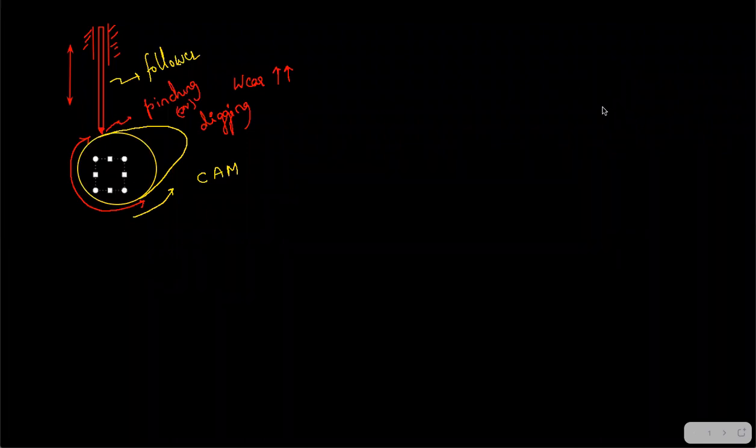From the center, this point is at equidistance, this is also at equidistance, and this is also at equidistance. So throughout this distance, you are not going to have any motion in the upward or downward direction.